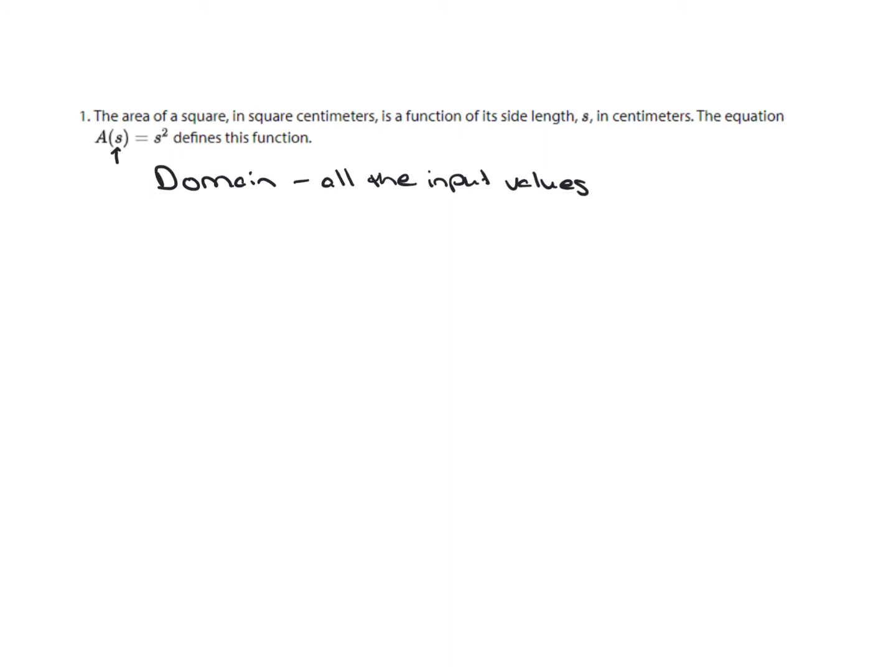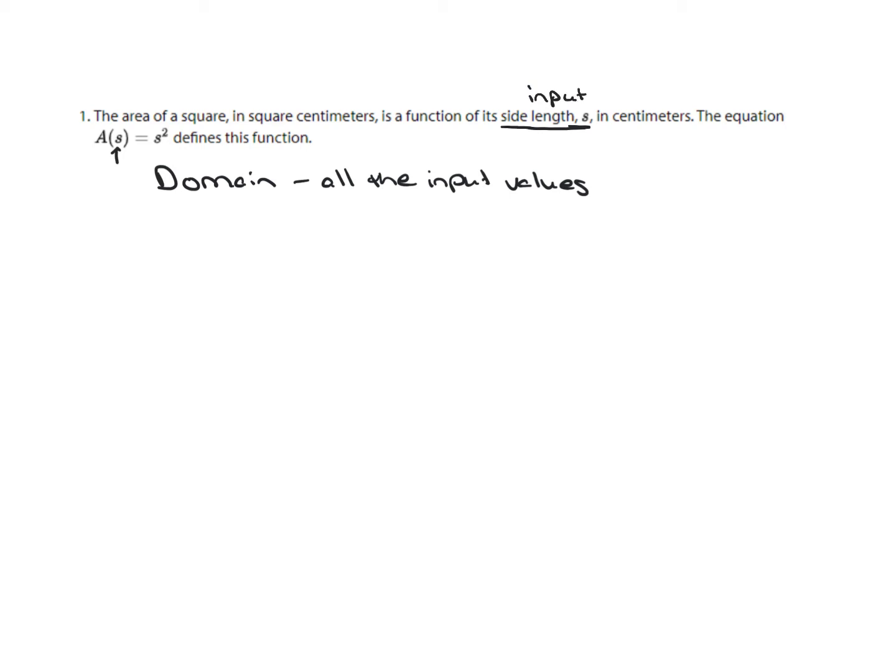Our situation is talking about the area of a square measured in square centimeters that is a function of its side length. Okay, so the side length is the input. Whatever it's a function of is the input.